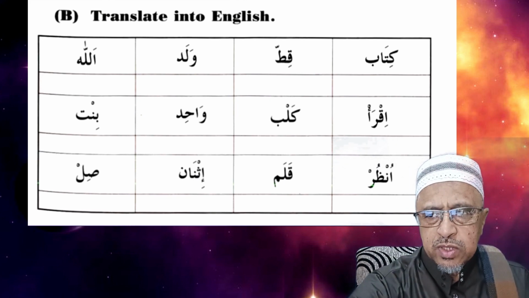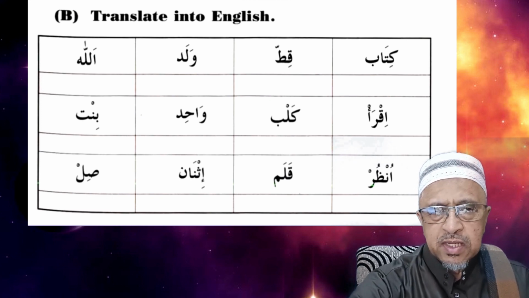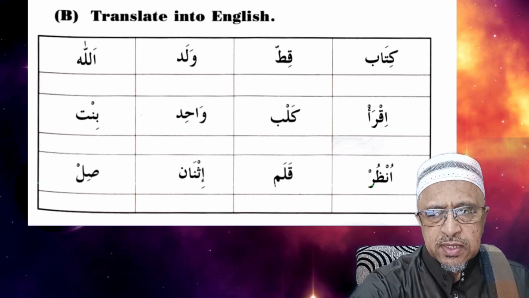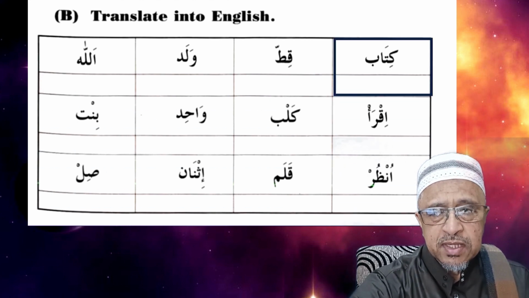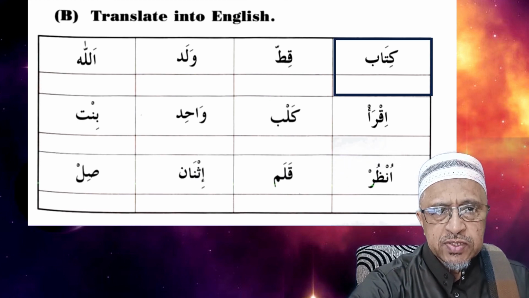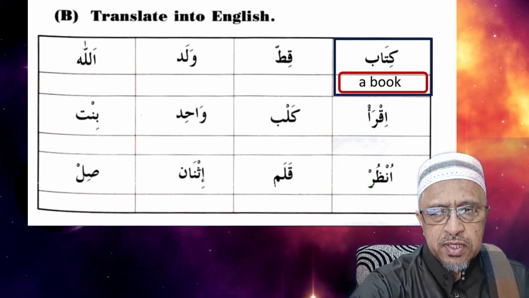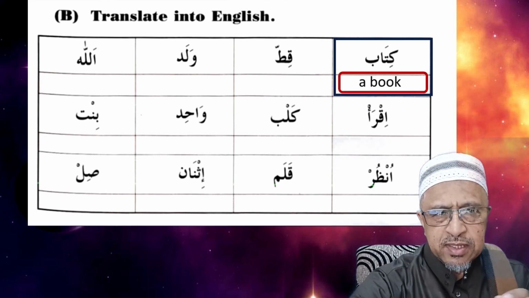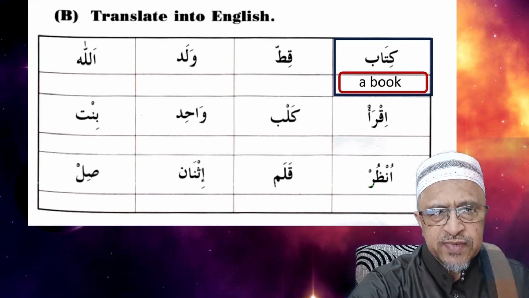So again, we are looking at the first word, and who can read that word? It is kitab. And what does it mean? What's the translation? A book. So kitab is a book. And here we see we added the in front because we will distinguish very soon between a book and the book.